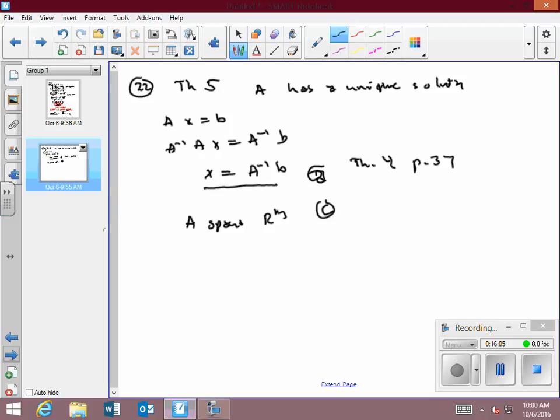The linear transformation X maps to A X is 1 to 1. The equation AX equals B has at least one solution for each B in R n. Columns of A span R n. The linear transformation X maps R n to R n. There is an n by n matrix C such that CA equals I, and D such that AD equals I. And the transpose is invertible.